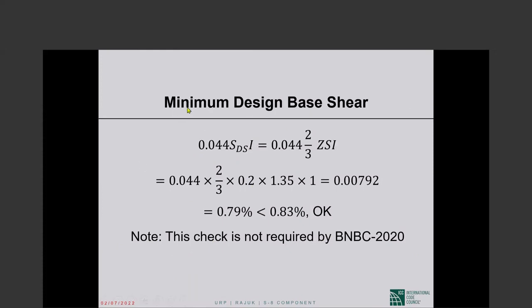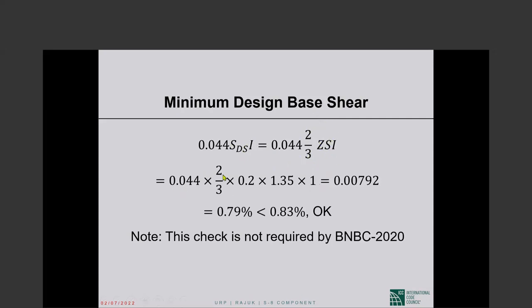So that applies to BNBC as well. 0.044 S sub DS times I, where S sub DS is 2/3 Z times S. If you go back a page or two, you will find this relationship.